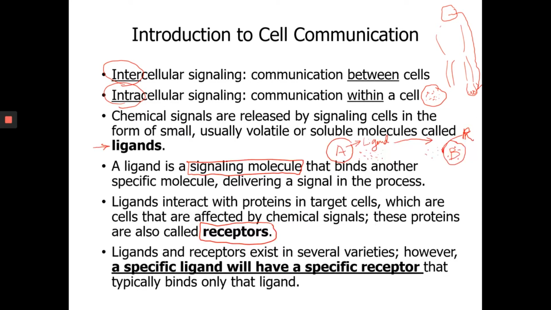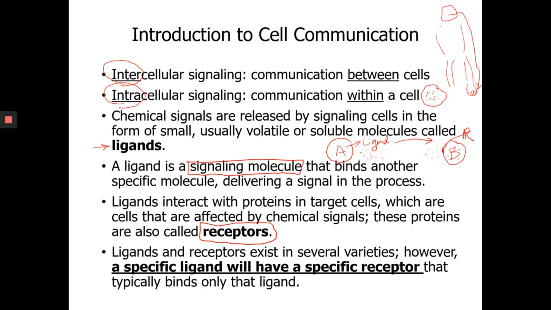Again, either they bind on the cell surface or these ligands can cross the cell membrane and get inside cell B and then bind to the receptors inside cell B. So there are two possibilities. It depends on the nature, the chemical property of the ligand molecule. We'll talk about that in more detail later. But this is basically how it works.